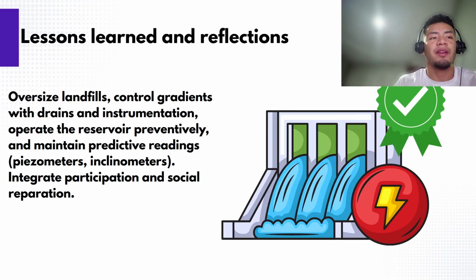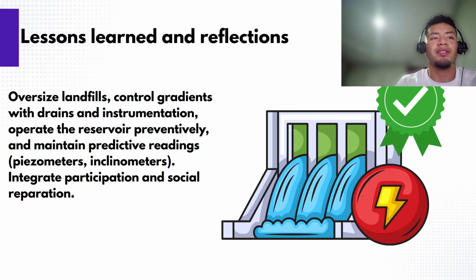Finally, lessons learned and reflections. Designing spillways with safety margins lowers the risk of overpressure and overtopping. Seepage controls keep gradients within safe limits, and adaptive reservoir management during rainy seasons protects the structure and downstream banks.